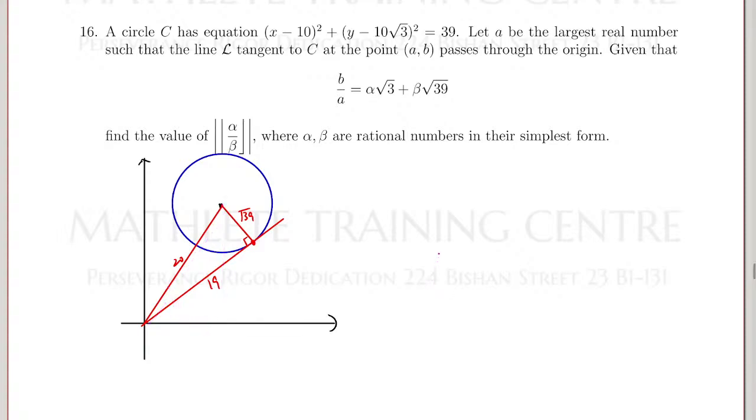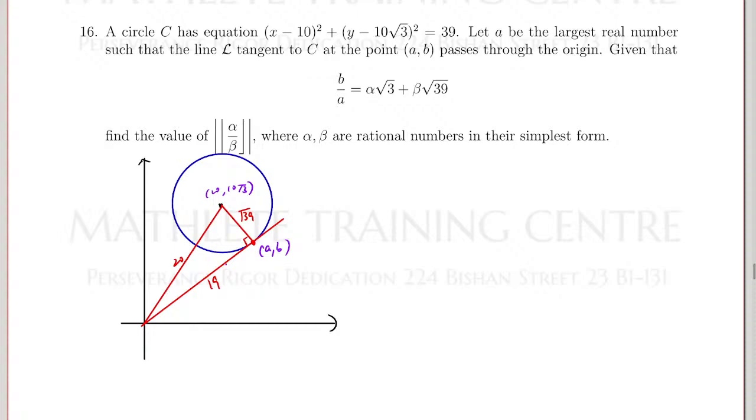Oh, sorry, I forgot to talk about method number one. Method number one is to use algebra. I won't be using this, so I'll just mention it quickly so that you can consider it. You can set your A and B so that this distance you do know, right? And you know that this is 19.